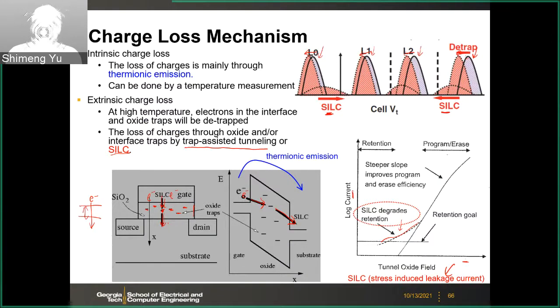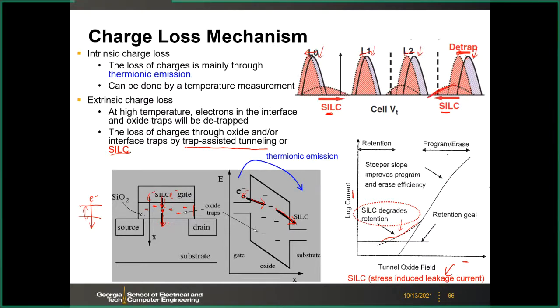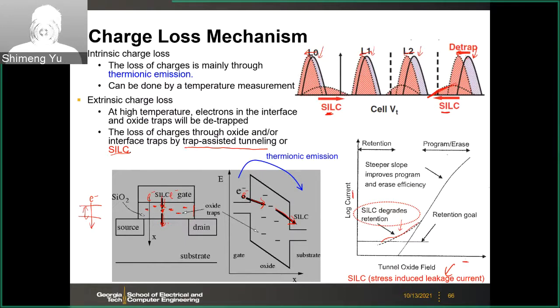If you are in the program state, then the tail will shift towards the left. But in the erased state, this stepstone can assist electrons to move out, or if you reverse the voltage in the erased state, it will assist the electrons to move in from the substrate to the floating gate.